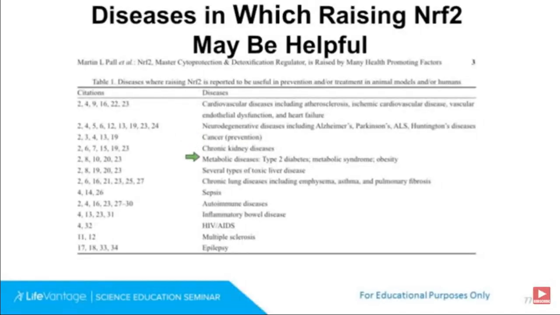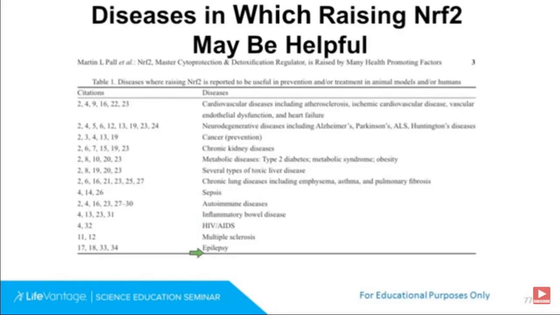Chronic kidney disease, bardoxolone, the drug from Reata, was looked at initially in chronic kidney disease. It looked very promising, but they had some problems with side effects. Metabolic diseases, such as type 2 diabetes, toxic liver disease, chronic lung disease, asthma, emphysema, pulmonary fibrosis, sepsis, autoimmune disease, inflammatory bowel disease like Crohn's and ulcerative colitis, HIV/AIDS, multiple sclerosis, and epilepsy.